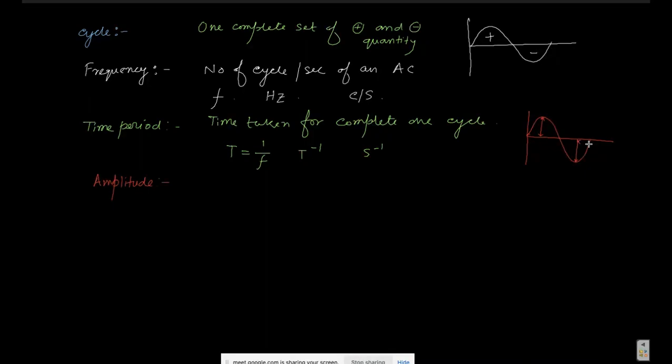The maximum positive or negative value of an alternating quantity is called amplitude. The maximum positive or negative value of AC is called its amplitude. Okay. Now what is phase?